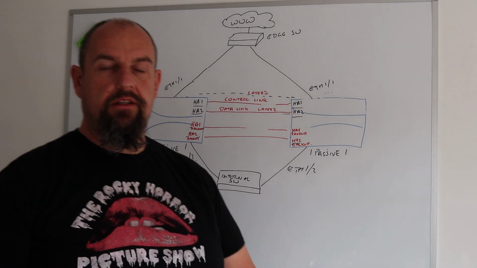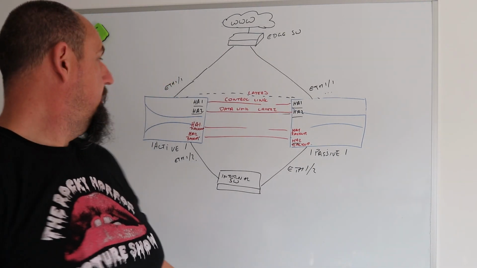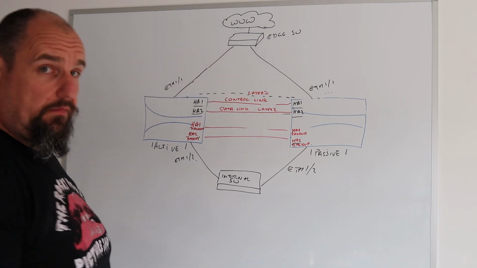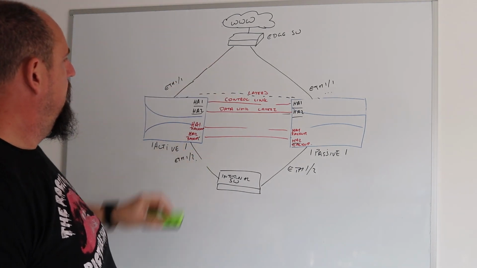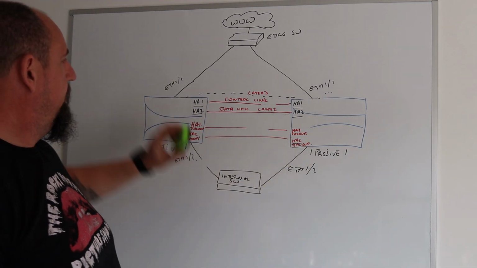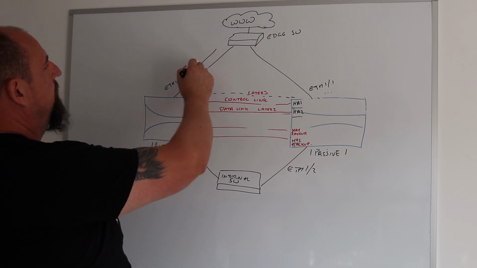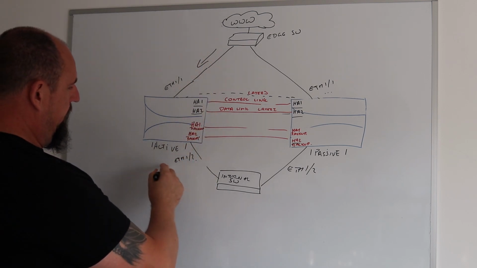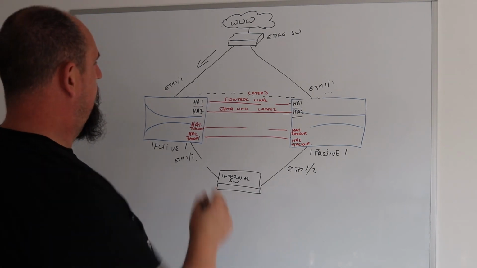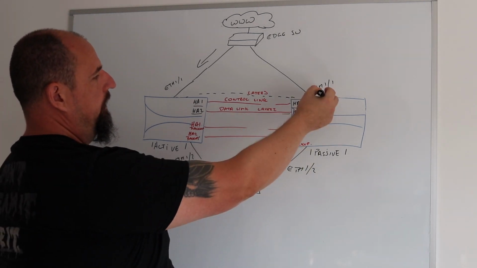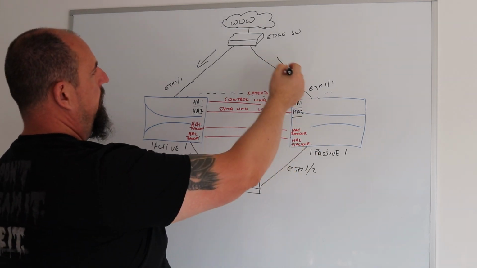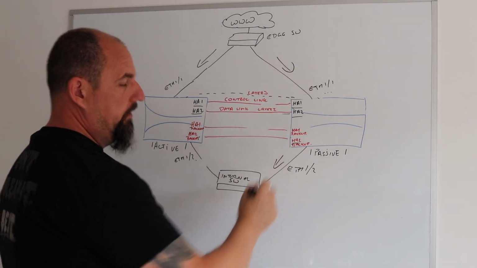Again, based on the fact that you've been monitoring the interfaces, there's no point, if this is all up, but this one goes, there's no point the firewalls remaining like this, because this one's not doing anything, and the packets now, they can come down here, that's all good, but they can't get here. So again, this one would take over as the active, so that then the path is restored.